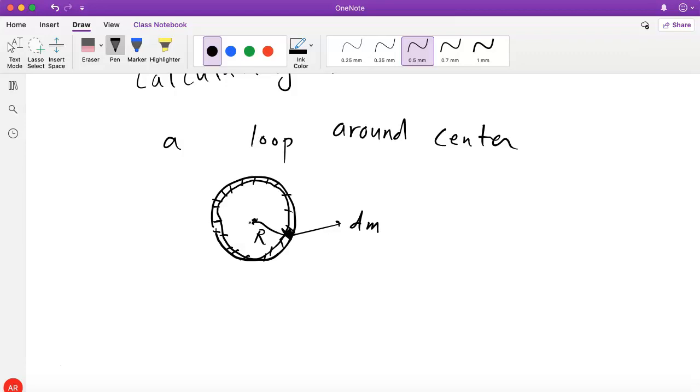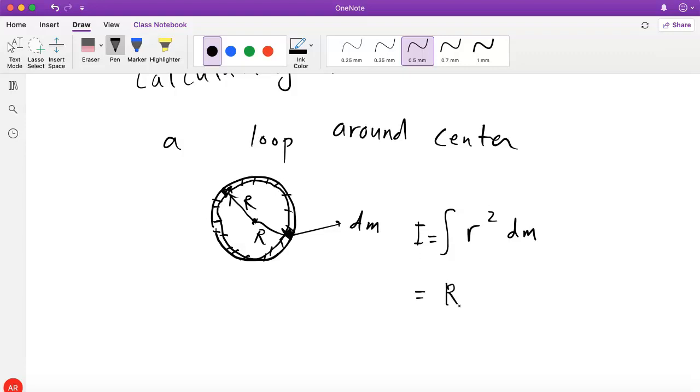They are on a circular loop, so this other piece is also a distance R. So if I look at the integral of r squared dm, which is the moment of inertia, well, small r for all of these small pieces is capital R. That doesn't depend on the piece, or on where that piece is.